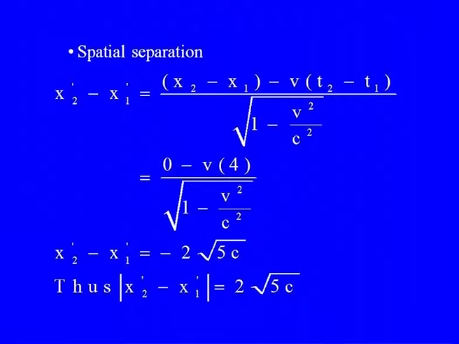So, what is the spatial separation in the prime frame? You put in the right times here, not proper time, but the right times. So, that is t2 minus t1, and you get the difference to be minus 2 root 5 c. The proper separation is the modulus of this, of course. So, that is twice root 5 c.